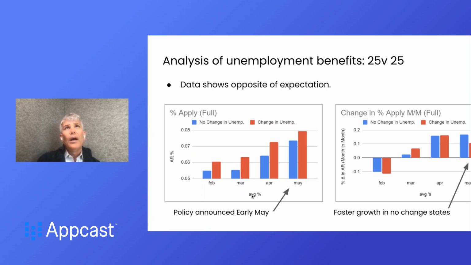The reason we were looking at apply rate is we've done a whole bunch of statistical work over the years, and we publish this every year in the Appcast benchmark report, that shows there's a correlation between unemployment rate and apply rate. In states that have a lower unemployment rate, meaning that it is more competitive, with fewer people out of work, the application rate is lower.